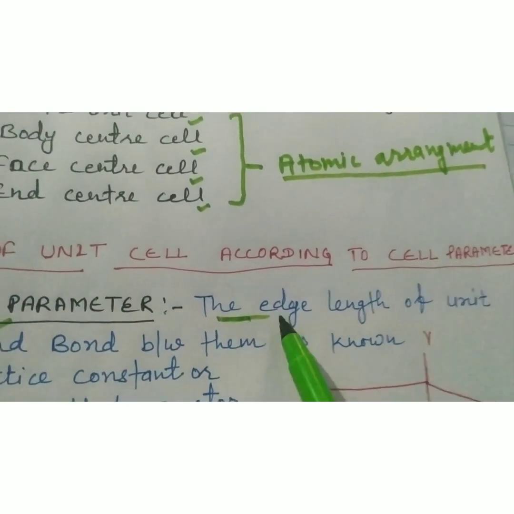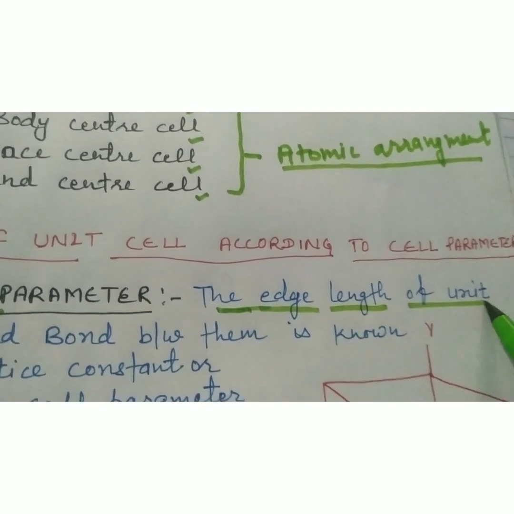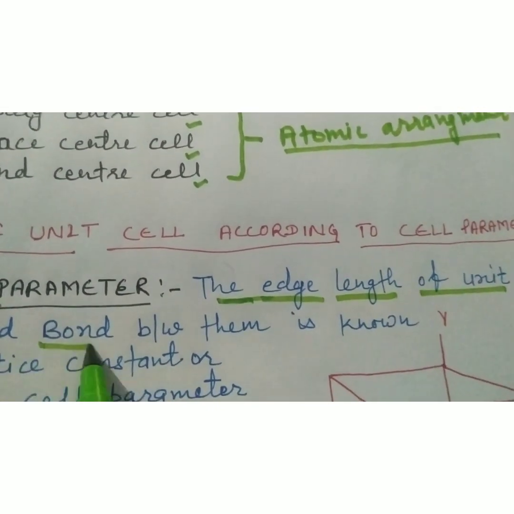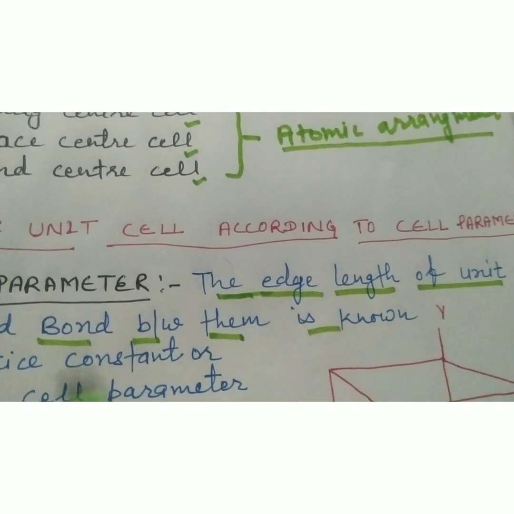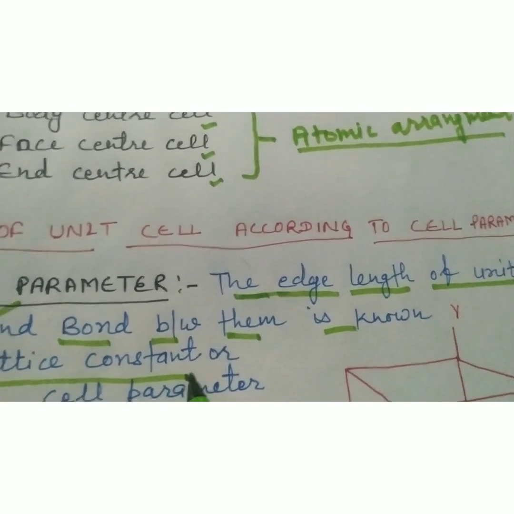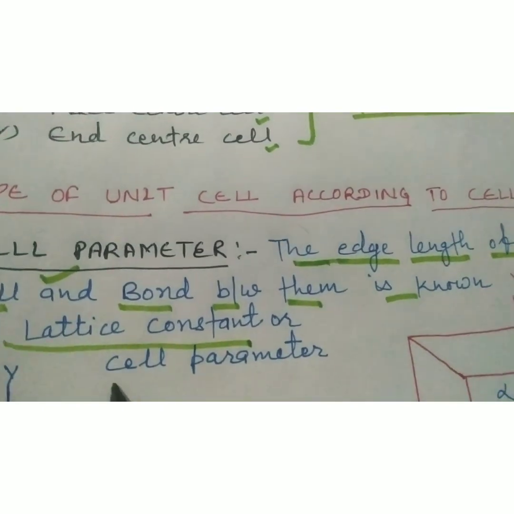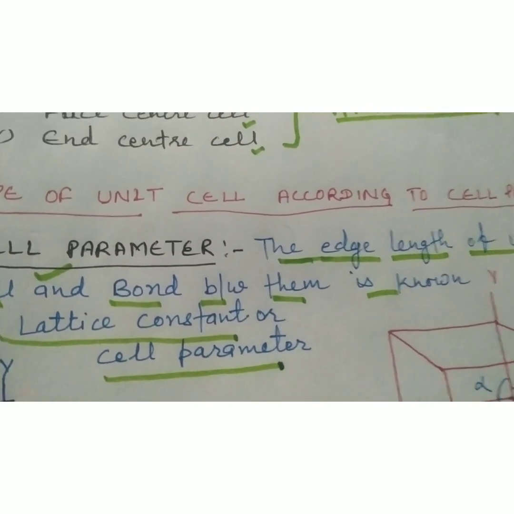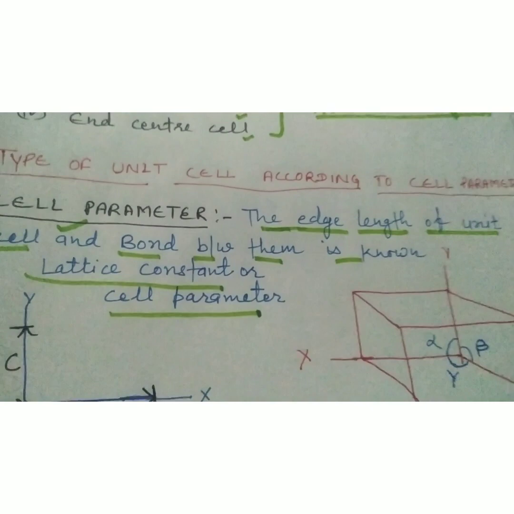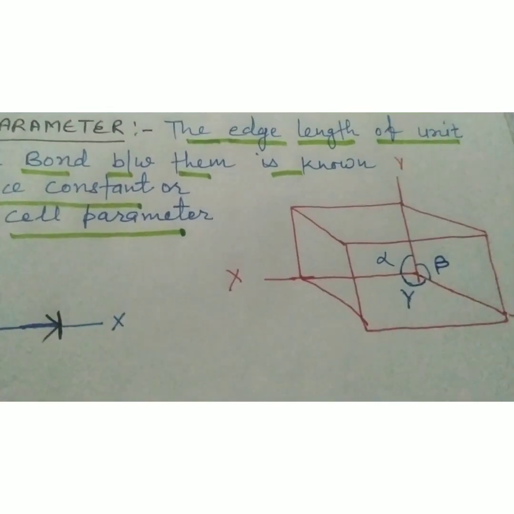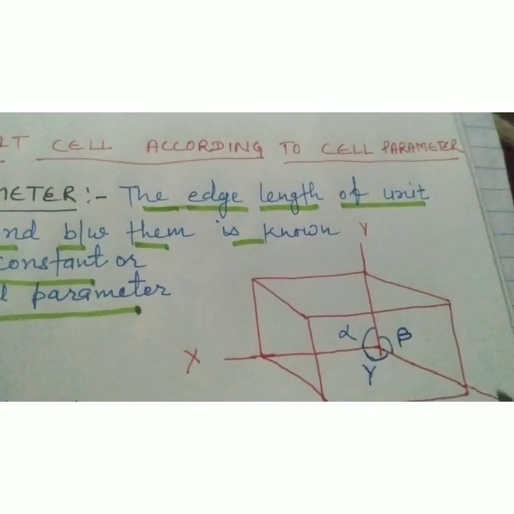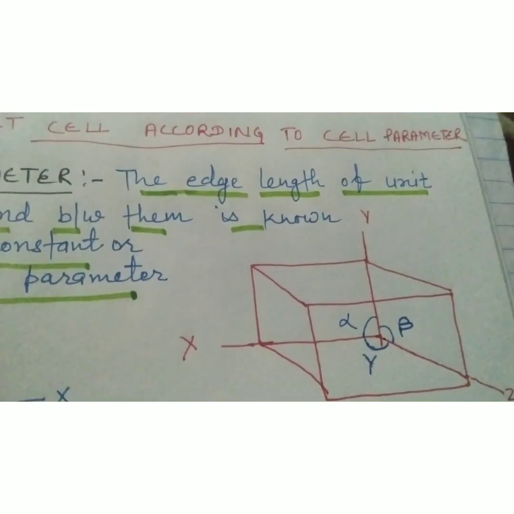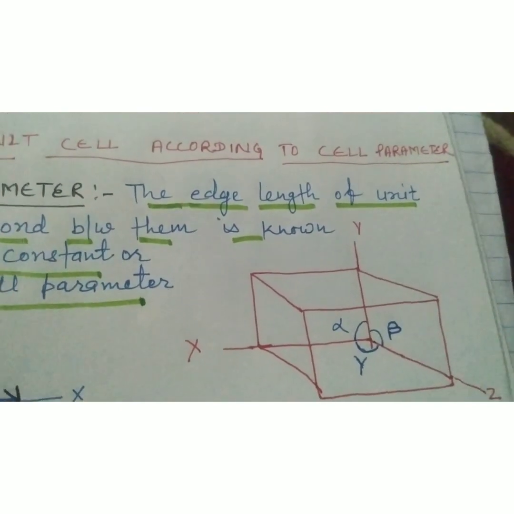Cell parameters are the edge lengths of the unit cell, and the angles between them are known as lattice constants. These lattice constants are also known as cell parameters. Clear? So let's discuss by the example of a cube. Suppose this is a cube and these are the principal axes.